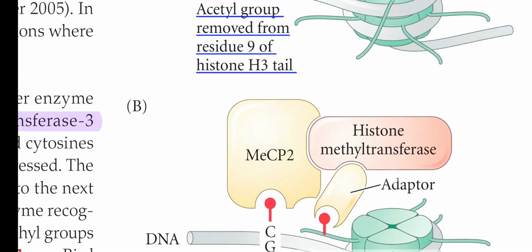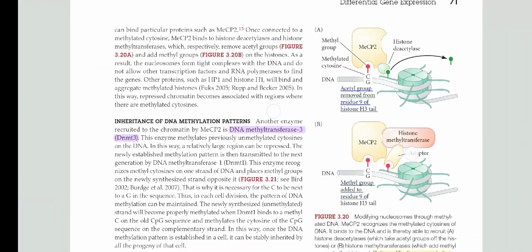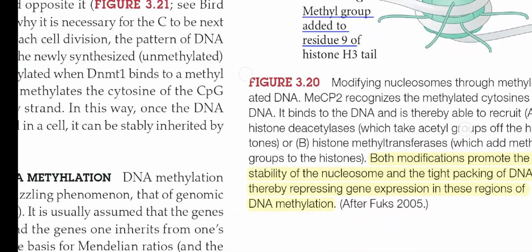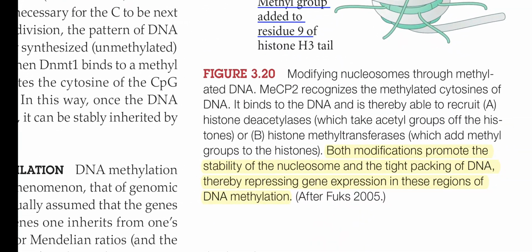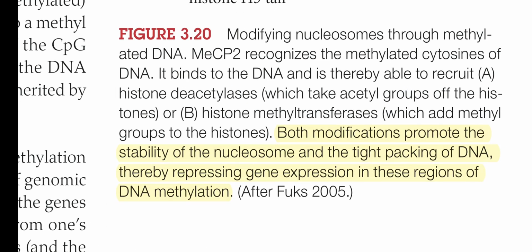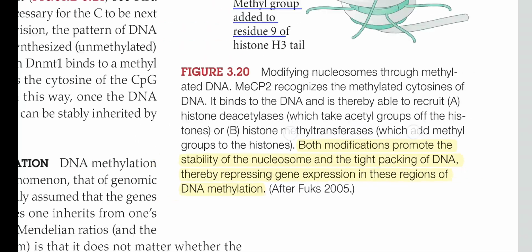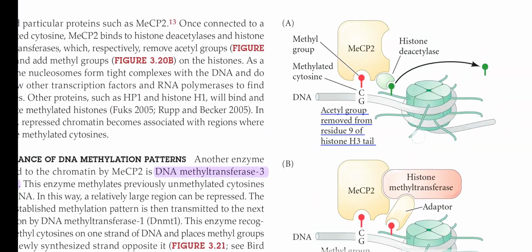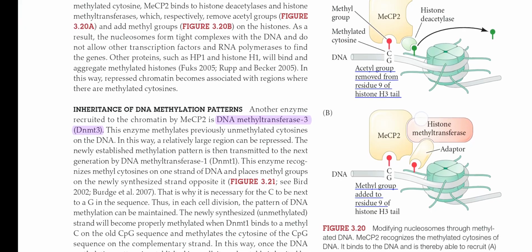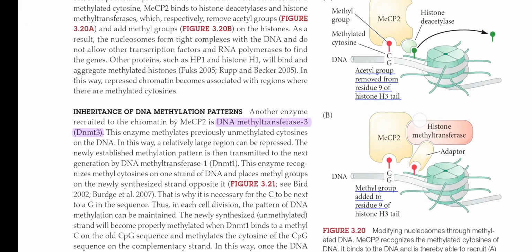That means it is also repressed. Both modifications promote the stability of the nucleosome, thereby tightening the packing of DNA and repressing gene expression in this region. These are the two examples. This is how DNA is methylated and repressed, or deacetylated and repressed.